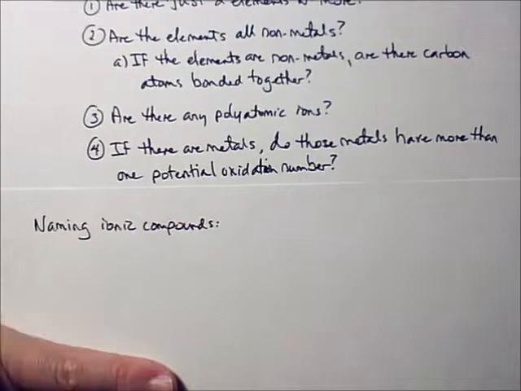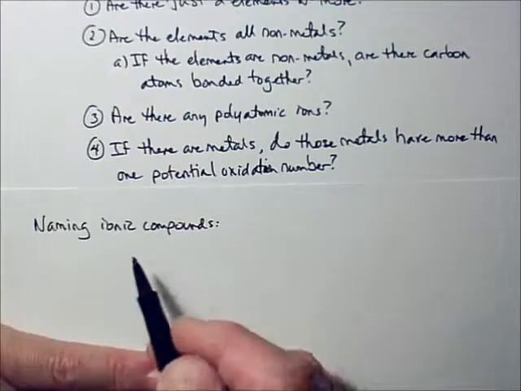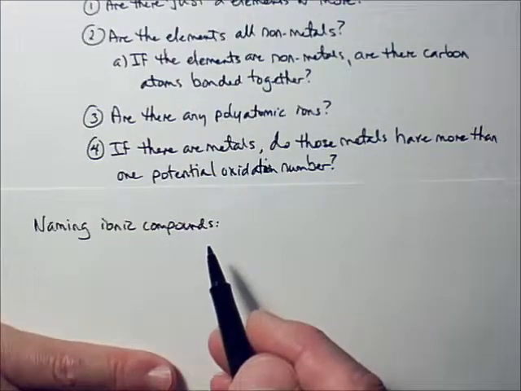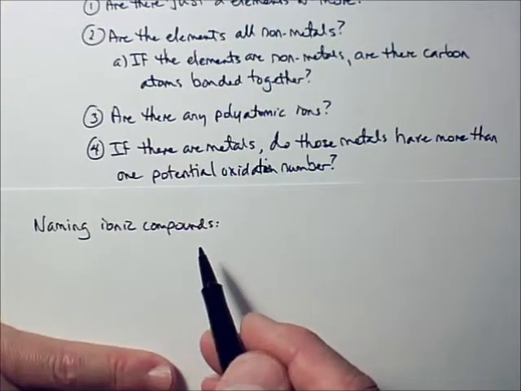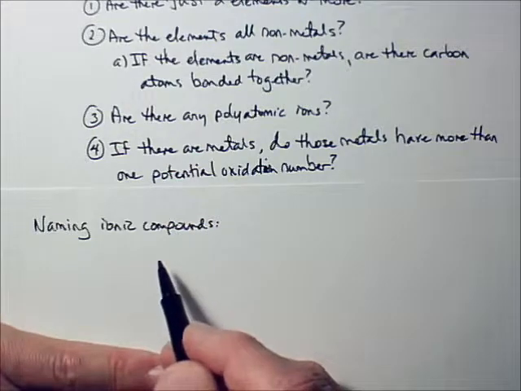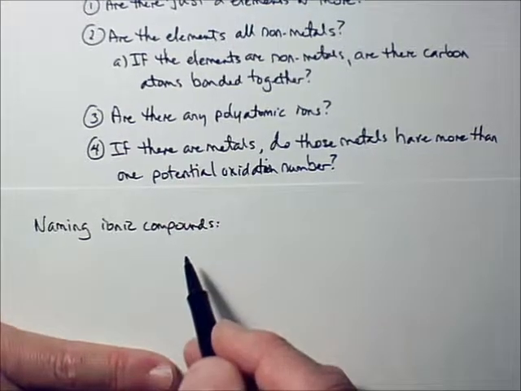Now there are lots of ways to classify different compounds. We're going to learn to name in this unit 4 classifications of compounds. Again, depends on how you're classifying things, but you could classify them into 4 categories. One classification is the ionic compound. Okay? Another classification is the covalent compound.